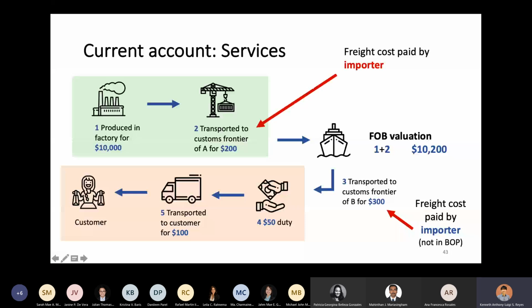So this $200 is actually paid by the importer, which means that the BOP has to correct for this. This will be transferred to the freight services category provided by the importer to the exporter. So our assumption is always the exporter is the one who brings it to the customs frontier. And any deviation from that has to be adjusted, or the term is rerouted.